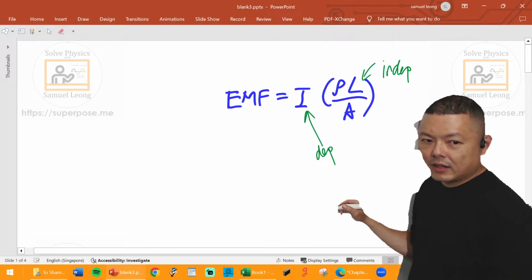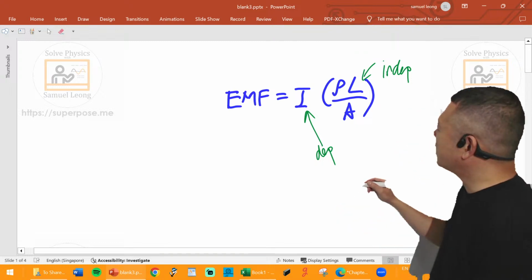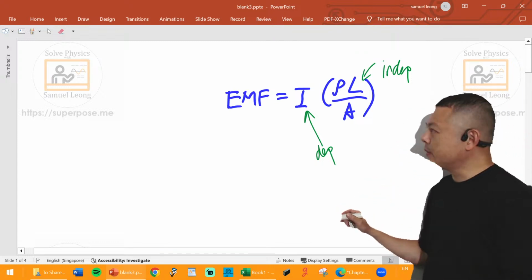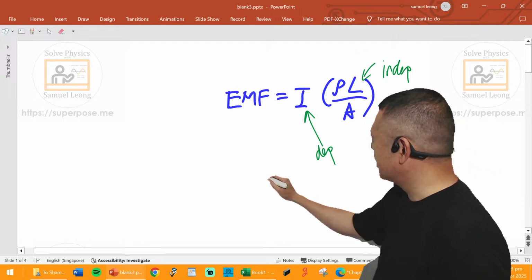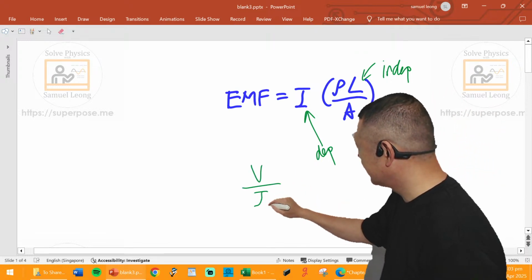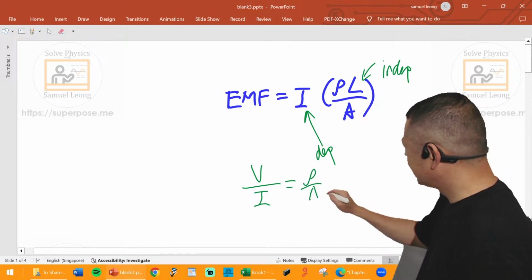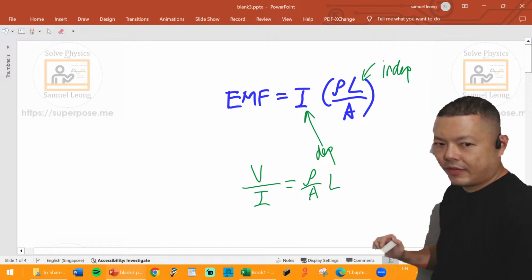No, you shouldn't put L as the subject. It's very weird. So I'm going to tell you that it looks like this: V over I equals rho over A times L. Do you see that I rearranged it like that?